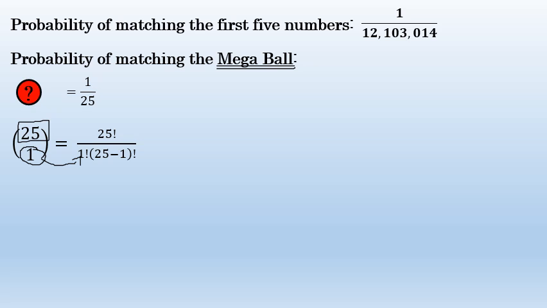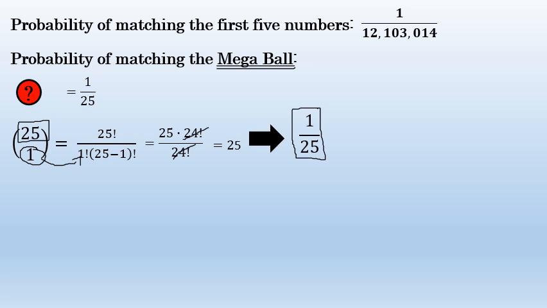This could be simplified in a similar way to the combination when calculating the probability of the first 5 numbers. In this case, a factor of 24 factorial cancels out, and I'm left with 25 possible ways in which the megaball can be drawn. And that should make perfect sense. You're drawing one number from a set of 25. The megaball could be any of 25 numbers. The probability of matching the megaball is 1 in 25.